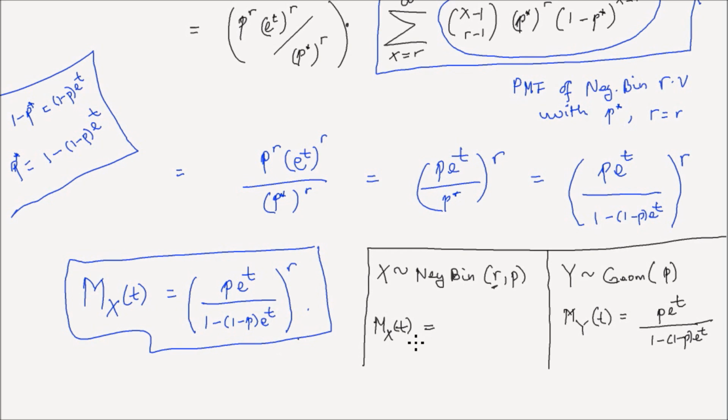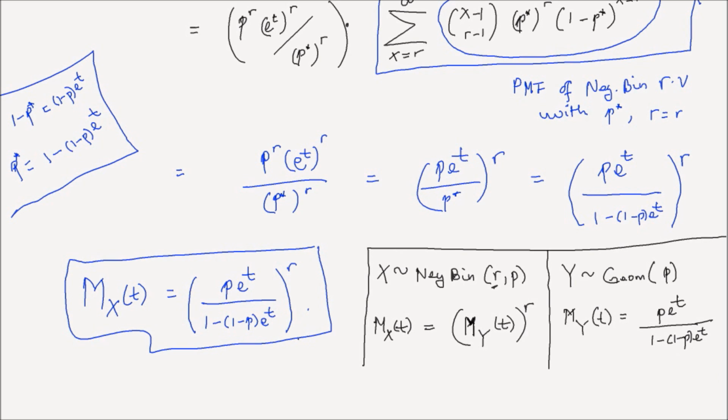So M_X of t is actually M_Y of t, which is right here, to the power of r. So that's a very convenient way of remembering the MGF of a negative binomial random variable. It's just the MGF of a geometric random variable to the power of r.